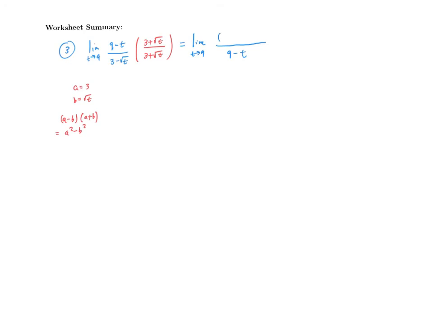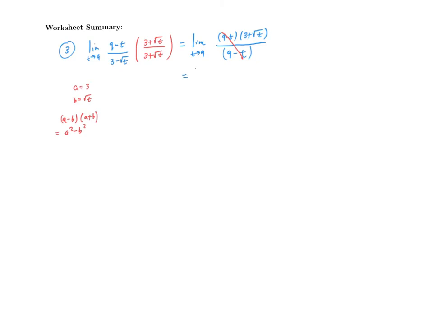And in the numerator, we have 9 minus t times 3 plus the square root of t. And this looks awfully good because immediately, upon the algebraic technique of multiplying by the conjugate over the conjugate, this simplifies drastically. So sometimes you have to complicate the situation in order to be able to simplify it.